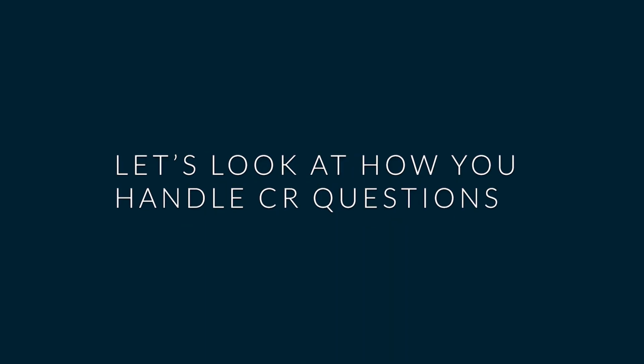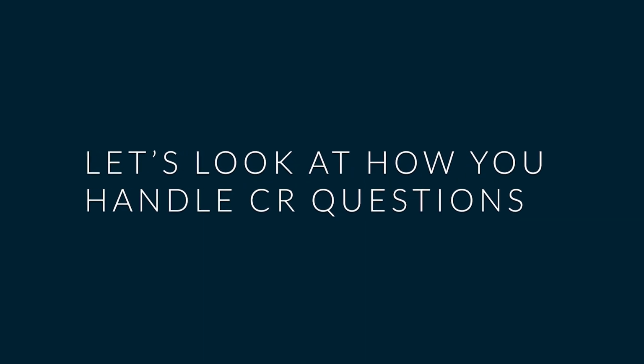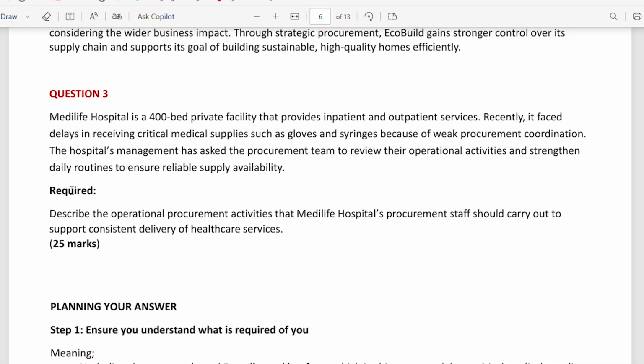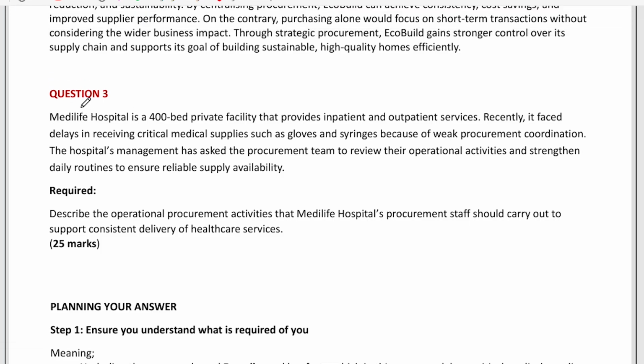Anyway, let's move on. Let's look at how you handle CR questions. Let's start with a sample question. In this case, we are looking at MedLife Hospital, a 400-bed private facility that provides inpatient and outpatient services. Recently, it faced delays in receiving critical medical supplies such as gloves and syringes because of weak procurement coordination.